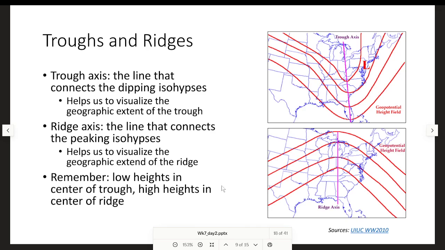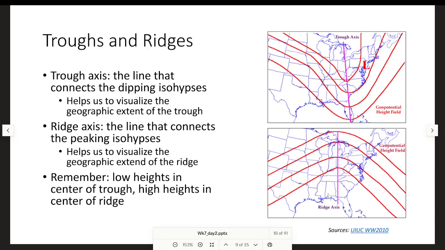So the trough axis is the line that connects the dipping isohypes. It helps us visualize the geographic extent of the trough. You take the point where it's lowest, and you just draw a line through these local minima, and you can find the axis of the trough.